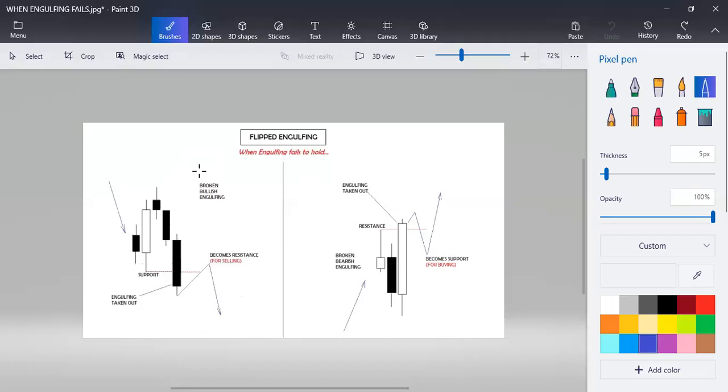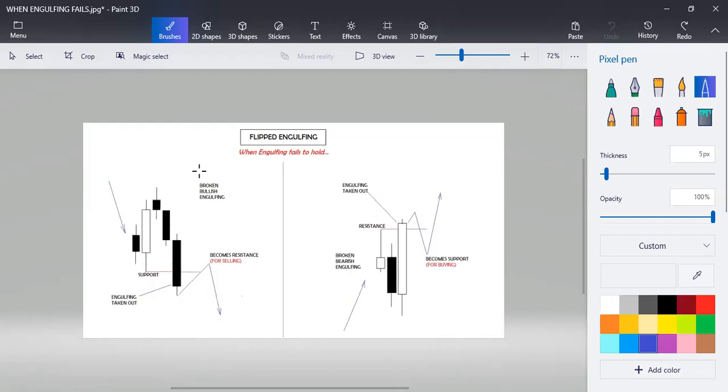So that's how to identify a failed engulfing pattern. And what happens when an engulfing fails? It becomes an opposite trade for you. That means if you were to buy inside the zone, and then the zone is taken out, you now resolve to sell. You are no longer buying.